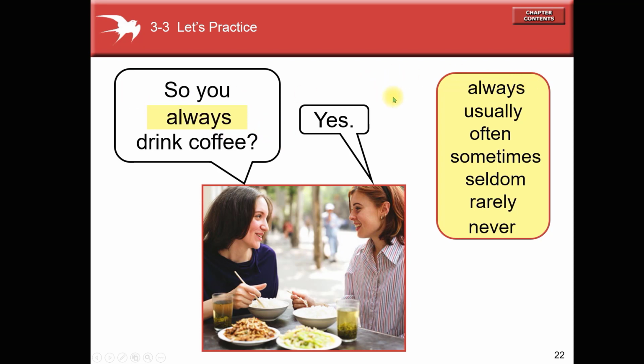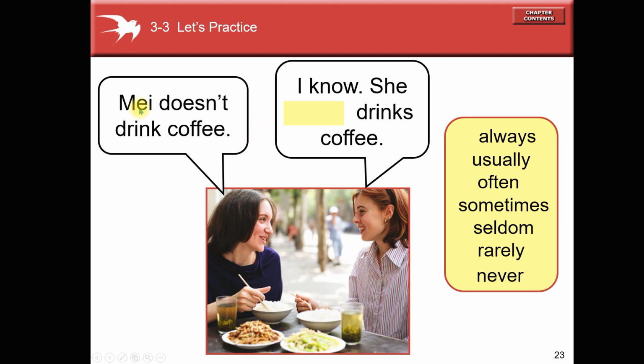Always, definitely, because it's every day. May doesn't drink coffee. If she doesn't drink coffee, obviously she never drinks coffee. She never drinks coffee.